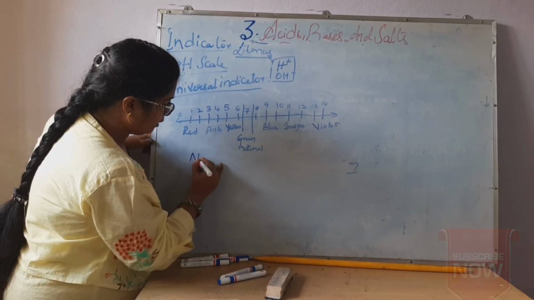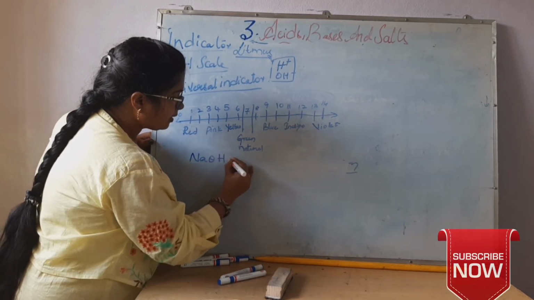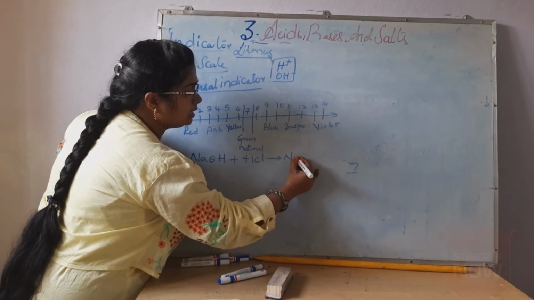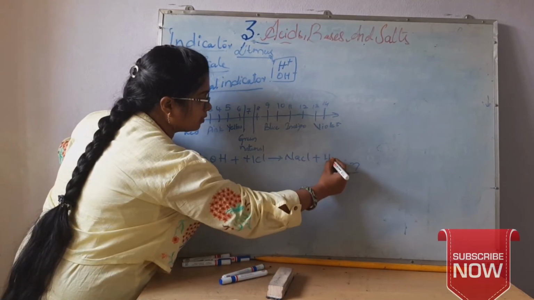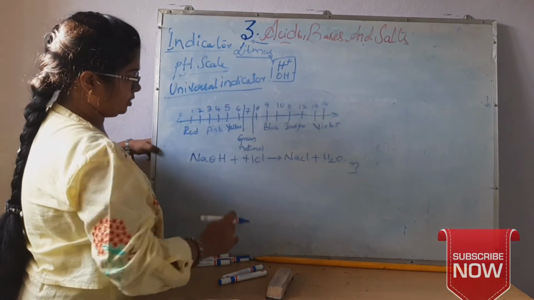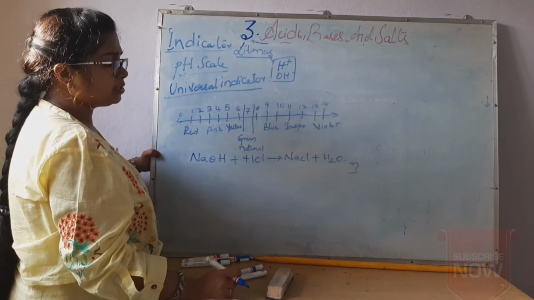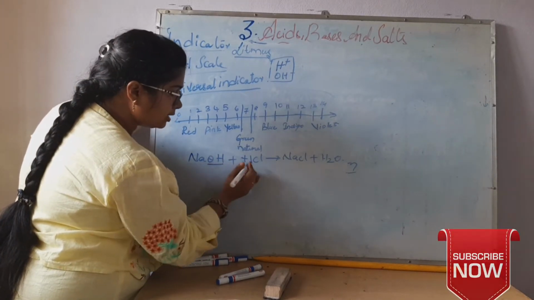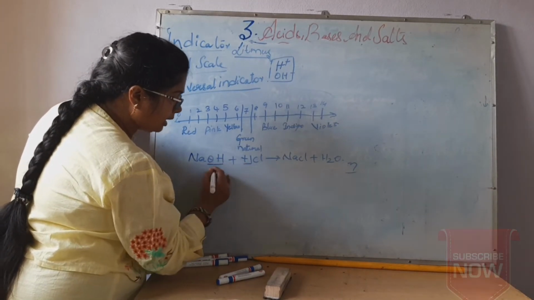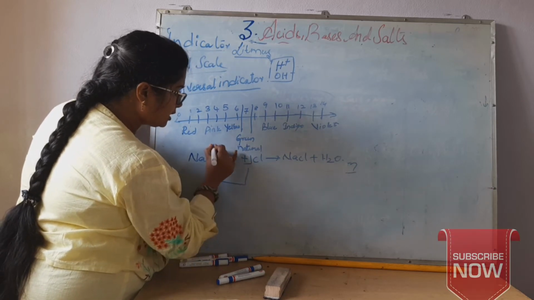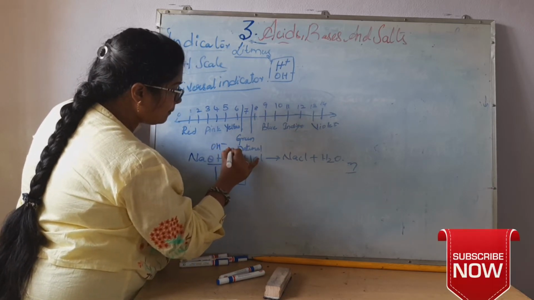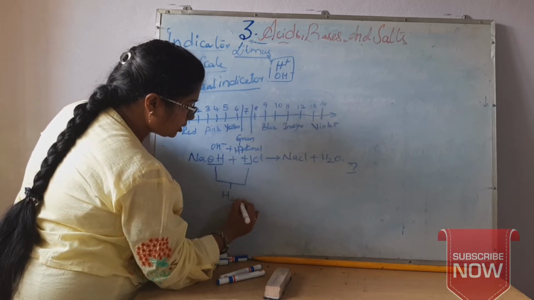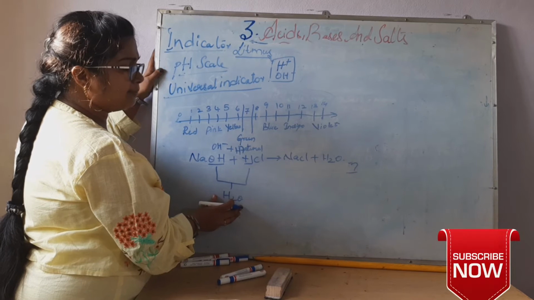See, NaOH plus HCl gives rise to NaCl plus H2O. What does that mean? Base OH and acid H both will combine. OH minus plus H plus will combine to form H2O.